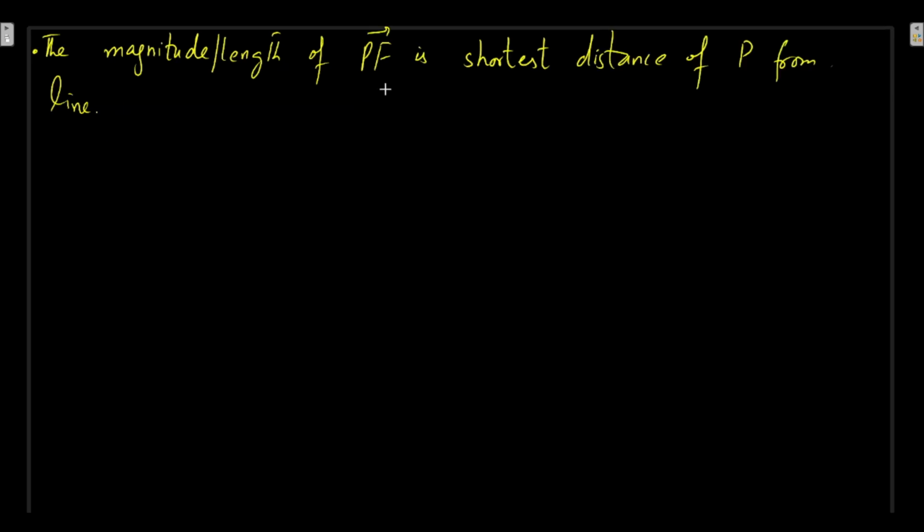This will give us the vector perpendicular to the line, starting from point P and ending at the point F. The length of this vector PF will give us the shortest distance of P from the line. Sometimes we are asked to calculate the coordinates of the foot of the perpendicular, so we just plug in the value of lambda in the point F to get the coordinates of the foot of the perpendicular.